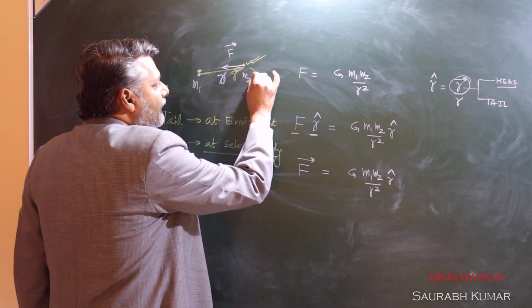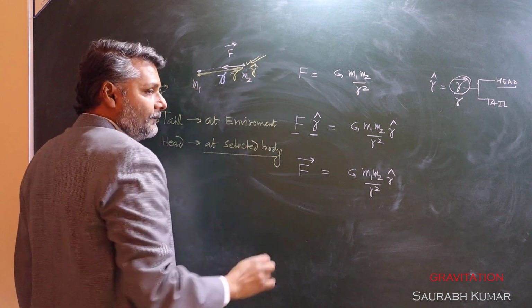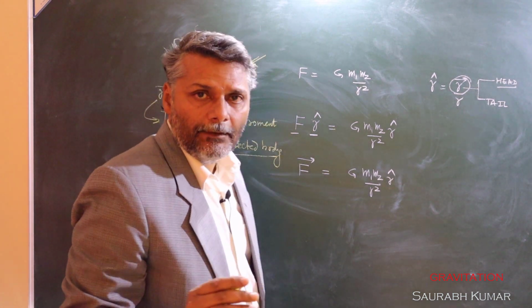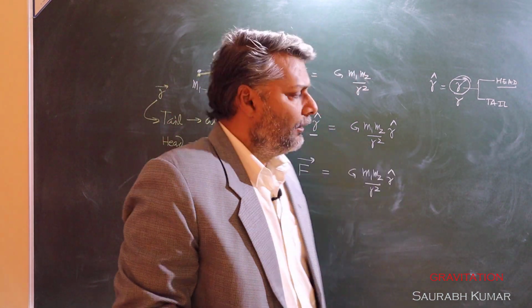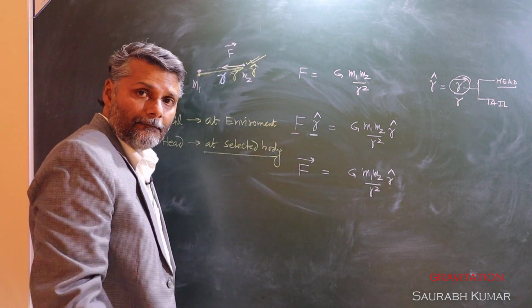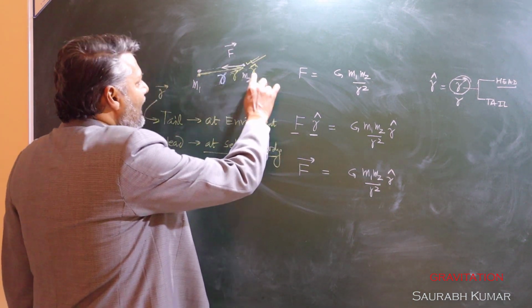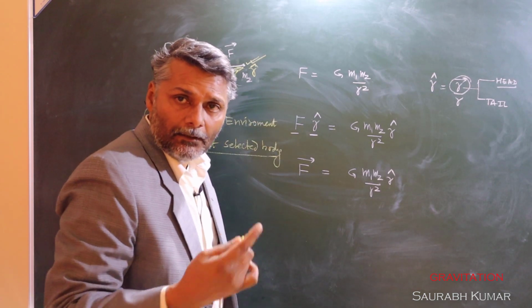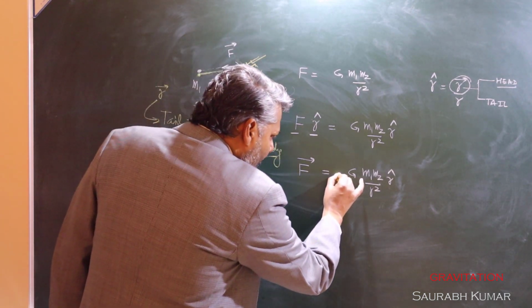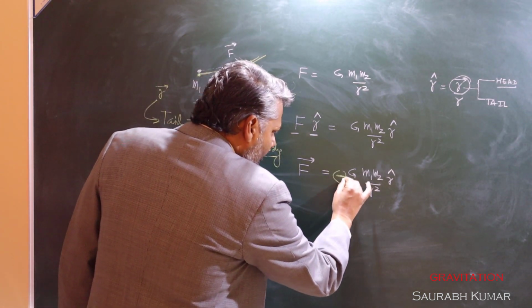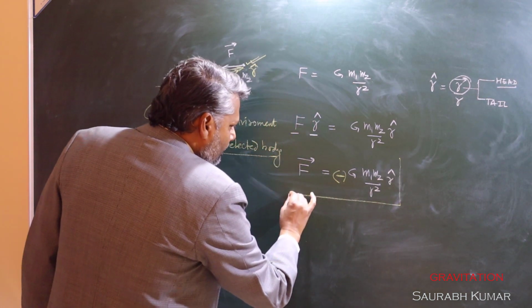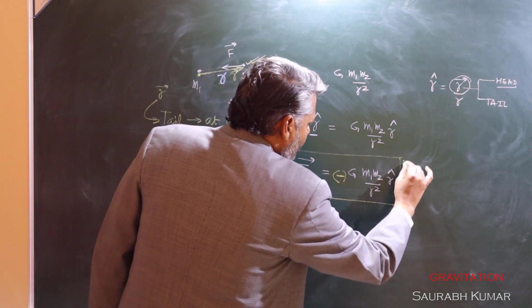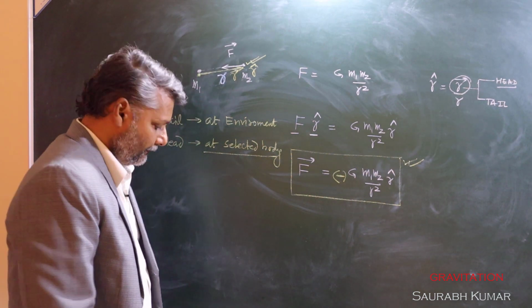R cap and vector r will be in the same direction, since a unit vector is always along its parent vector. So this r cap and F vector are parallel or anti-parallel? So we need to append what sign? Minus. So this you can say is the law of gravitation using vectors.